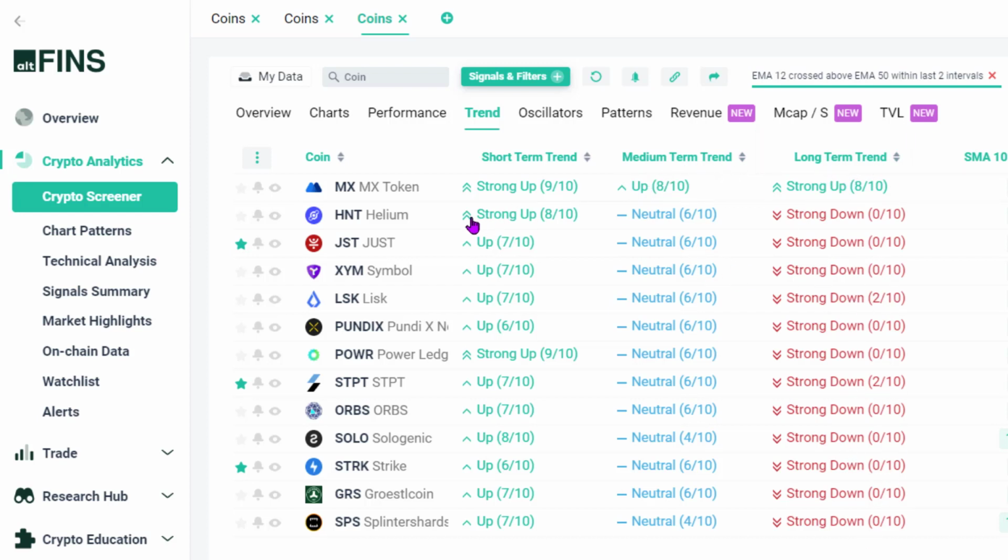But the point of this is that some of these could be in an early stage of a trend reversal. As you can see, the short-term trend has already reversed to bullish or up, and perhaps we still have a fair amount of upside in the medium and the long term. So a lot of these are relatively early in their uptrends, which can be positive in that there's still a fair amount of upside.